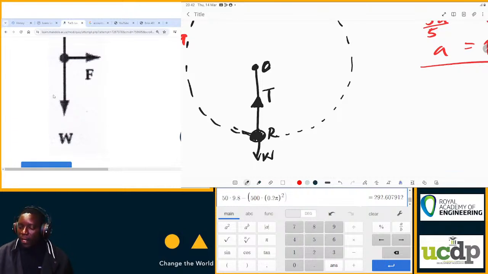So remember, in terms of forces, there is no acceleration in any direction other than in the vertical.